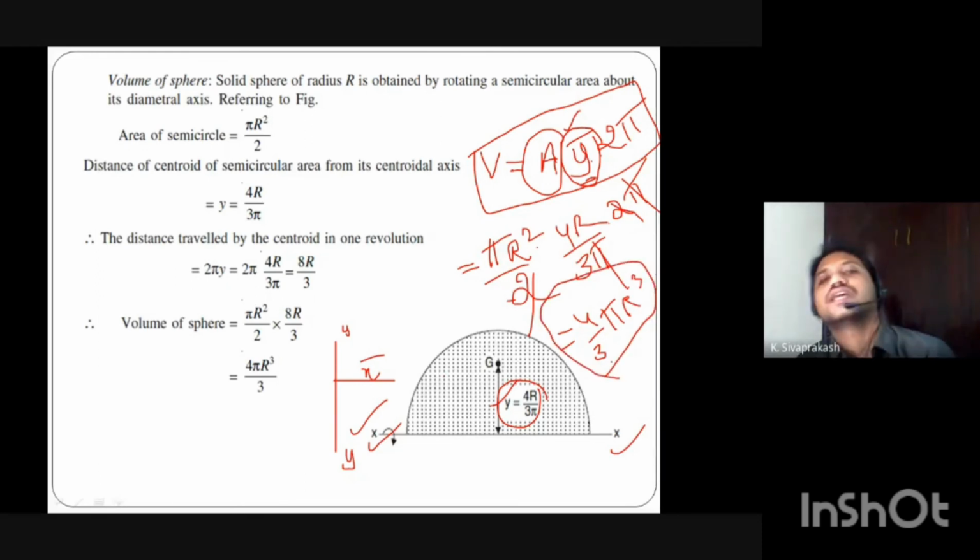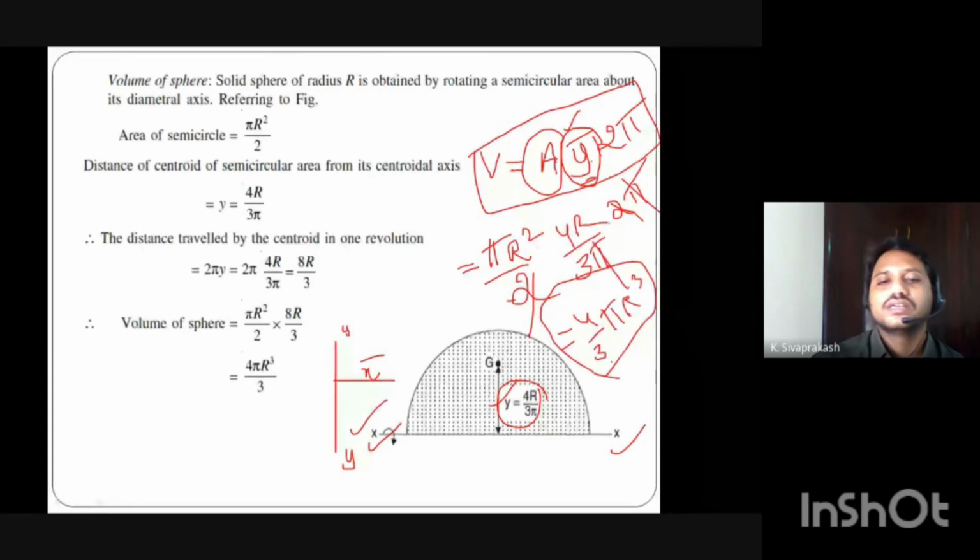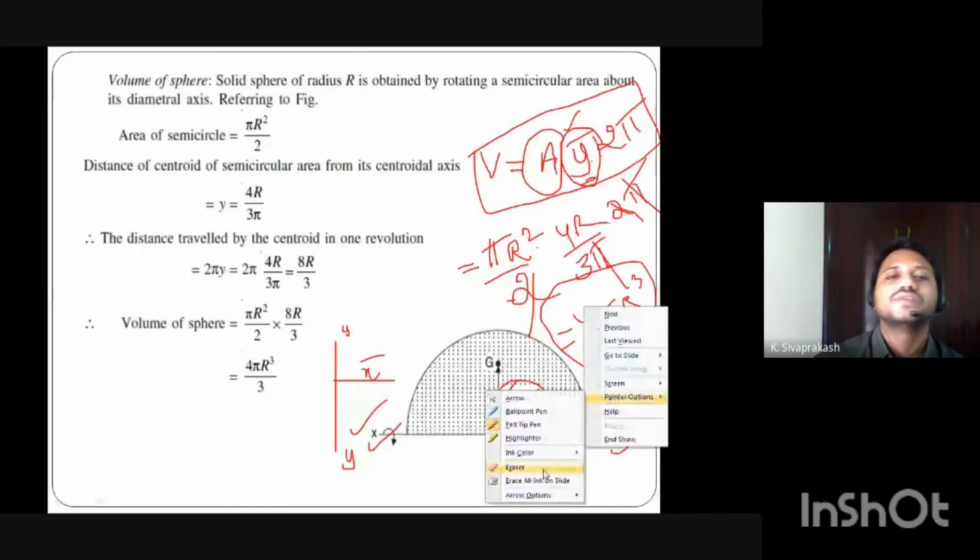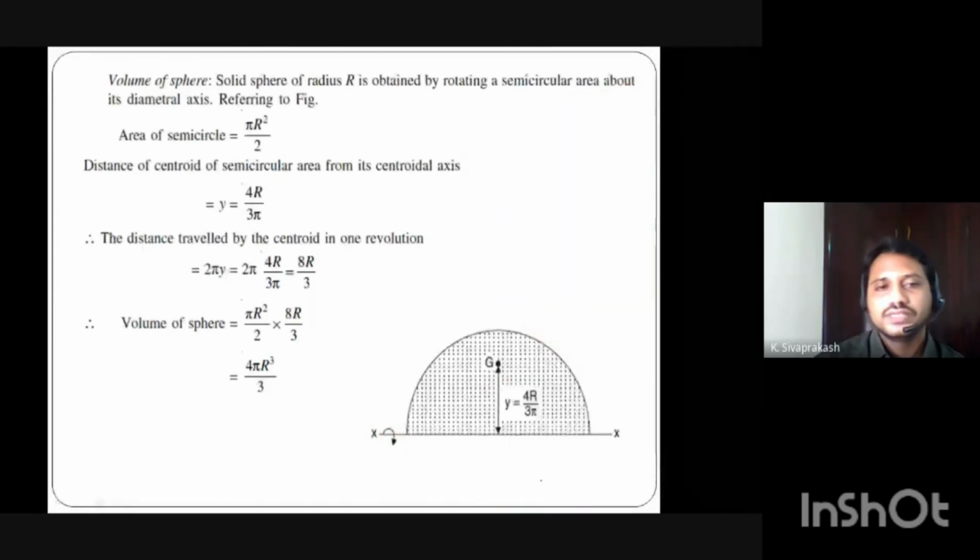Like that you can calculate the volume of the sphere by revolving plane areas using the theorem of Pappus Guldinus. These are the derivations of theorem 1 and theorem 2 of the Pappus Guldinus theorem. These are used to find the surface areas and the volumes by revolving a plane curve and plane areas. Okay.